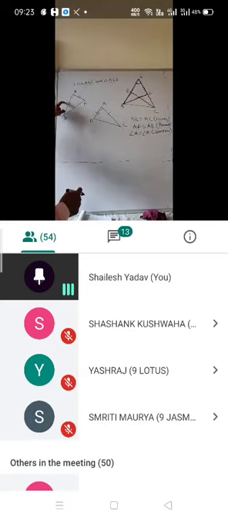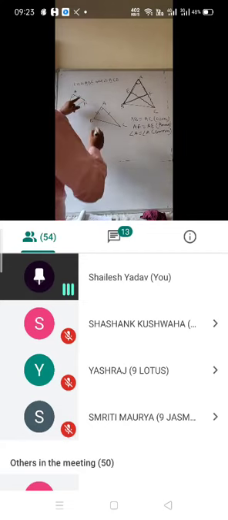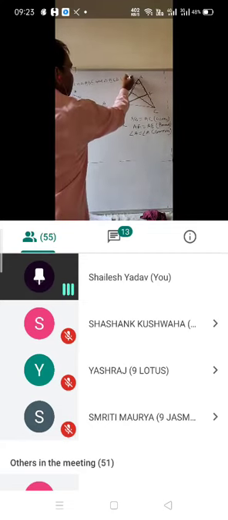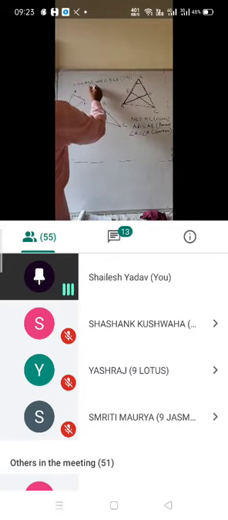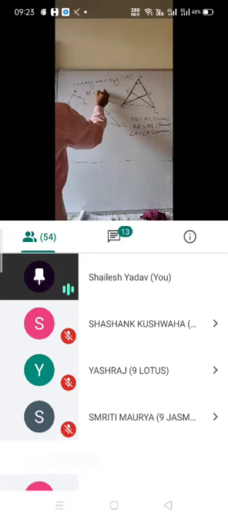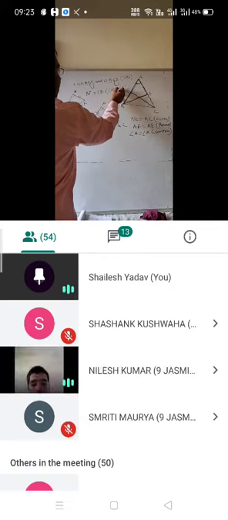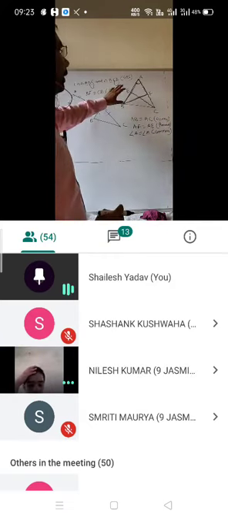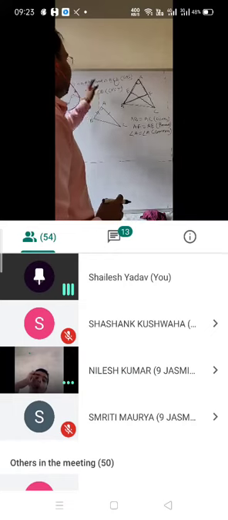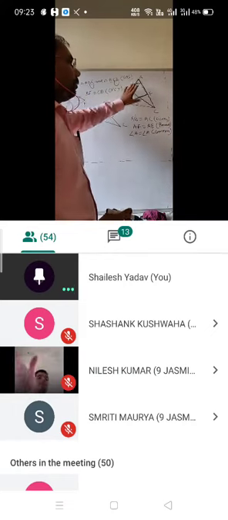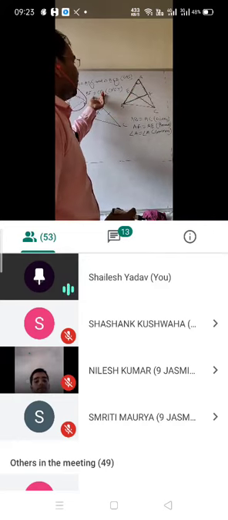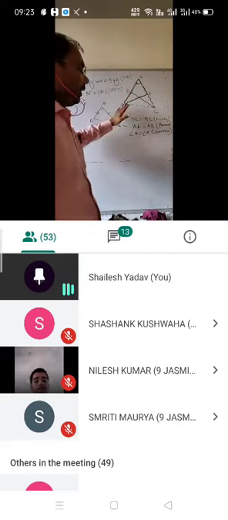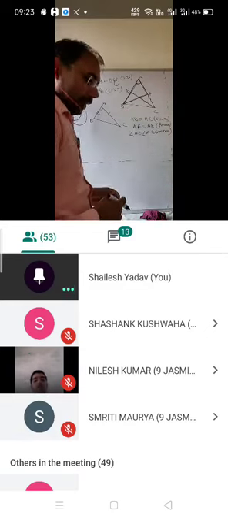So here, again by SAS criteria, both the triangles are congruent. And if both are congruent, then by CPCT BF equal to CE. So you can take such pairs of triangles where BF and CE exist. There are two pairs of triangles where BF and CE exist. By taking both pairs, I have given the proof of the question. So any doubt?